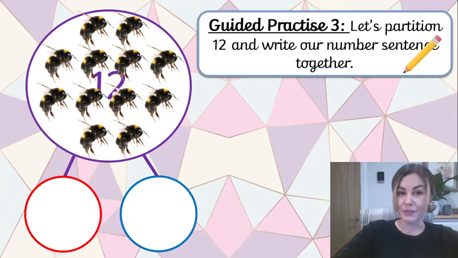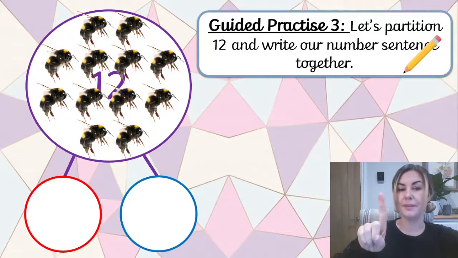Right, so question 3. We now have some bumblebees. Count them with me. We're just going to make sure we've got 12. 1, 2, 3, 4, 5, 6, 7, 8, 9, 10, 11 and 12. And let's go through our 2 steps together.